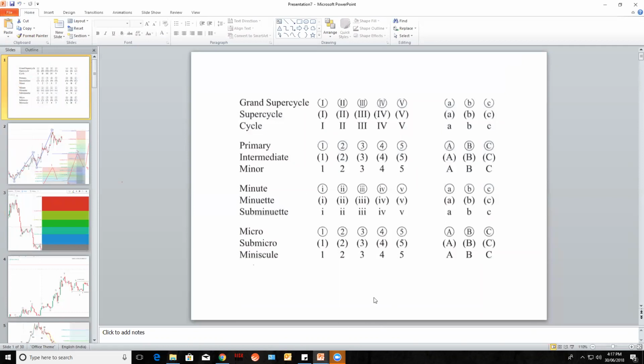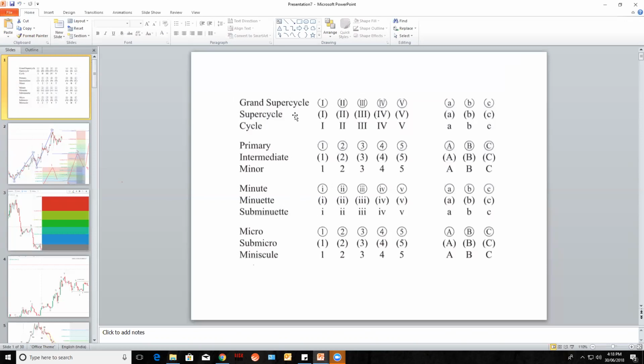They use all the impulse waves, let's take from grand cycle, super cycle, cycle, primary, intermediate, minor, minute, subminute, micro, submicro, and minuscule. What are these? To name them differently, if it is a yearly cycle, they say that for 70, 75 years they use grand cycles. After that, super cycle and cycles.